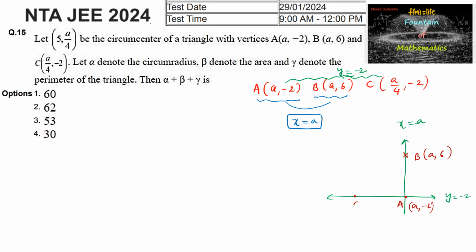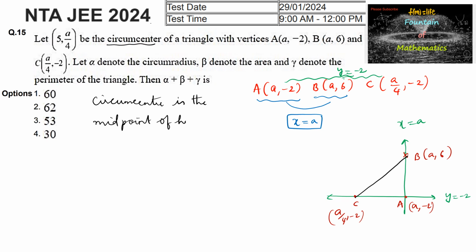This forms a right angle triangle here, and we know that in a right angle triangle the circumcenter is the midpoint of the hypotenuse.